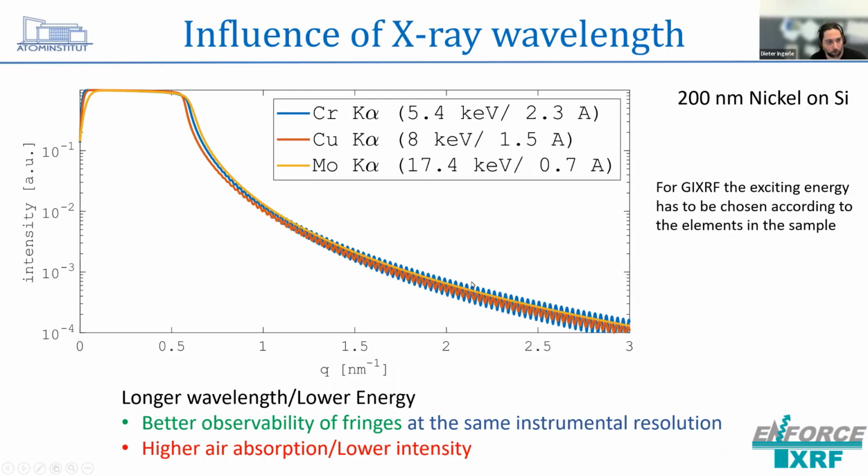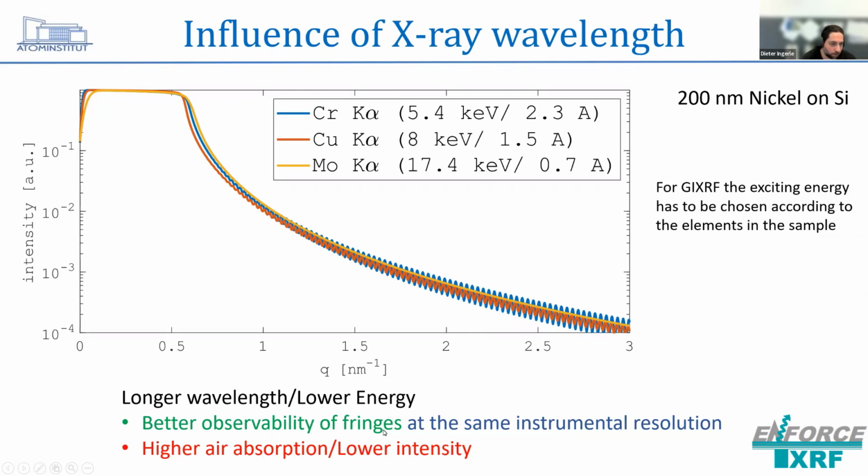Whereas if I switch to the chromium energy, then we have clearly visible fringes, and for copper, it's still quite easily visible. So that can be helpful, depending on the thickness of your layers, to go to lower energies, which provide better interference effects in this range.